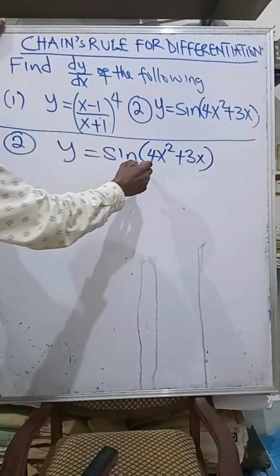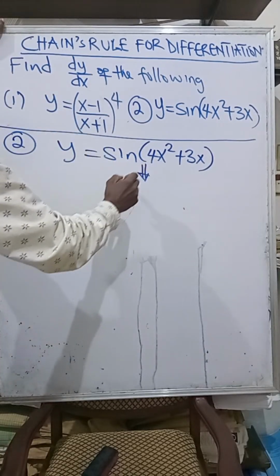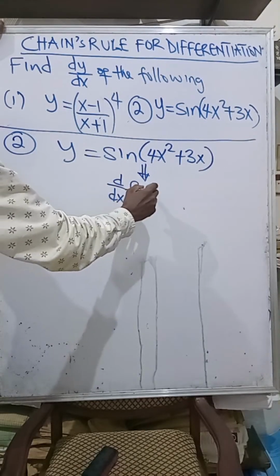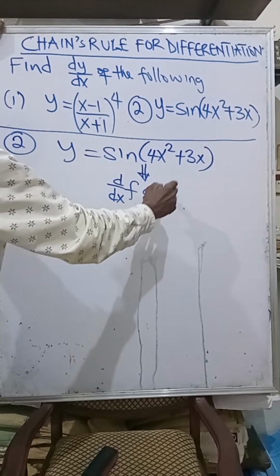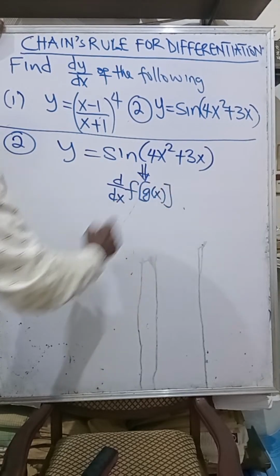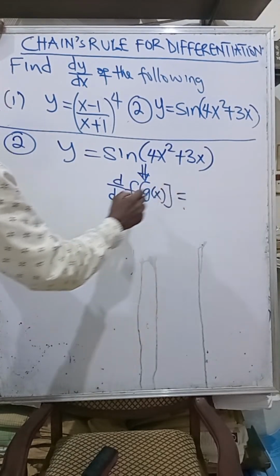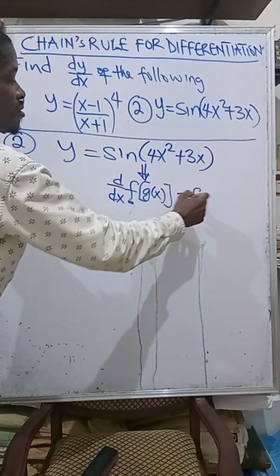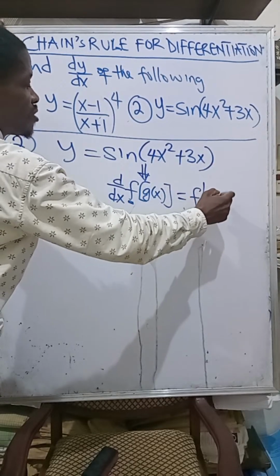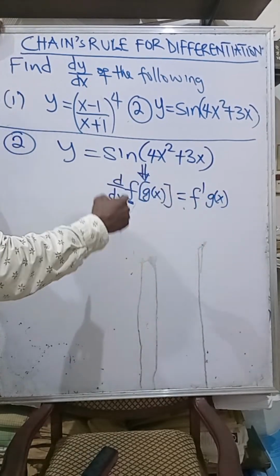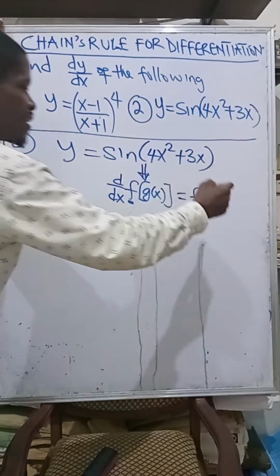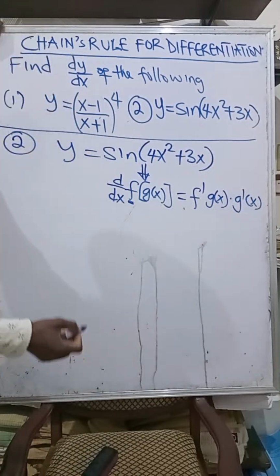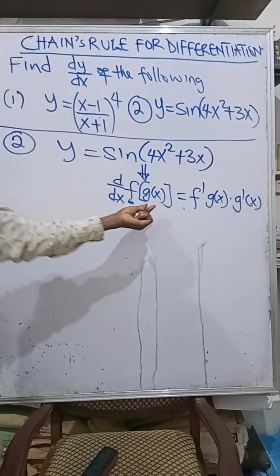We can liken this question to this form, d/dx of f of g of x. This will be equal to, you differentiate the outer function first, while you keep the inner function, the composite function, constant, and finally times the derivative of the inner function.